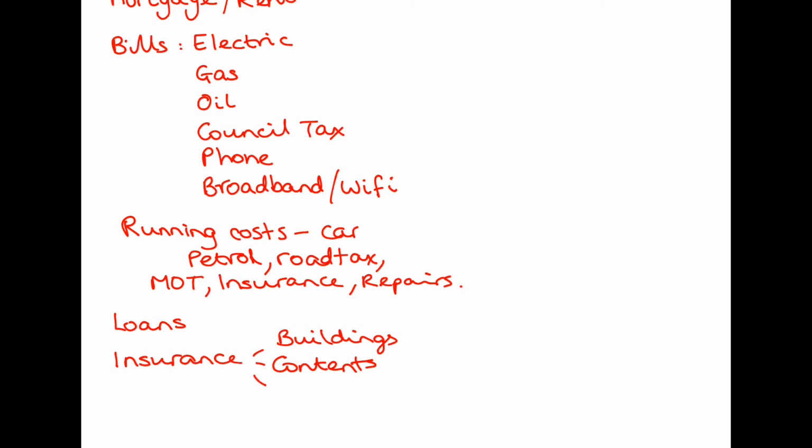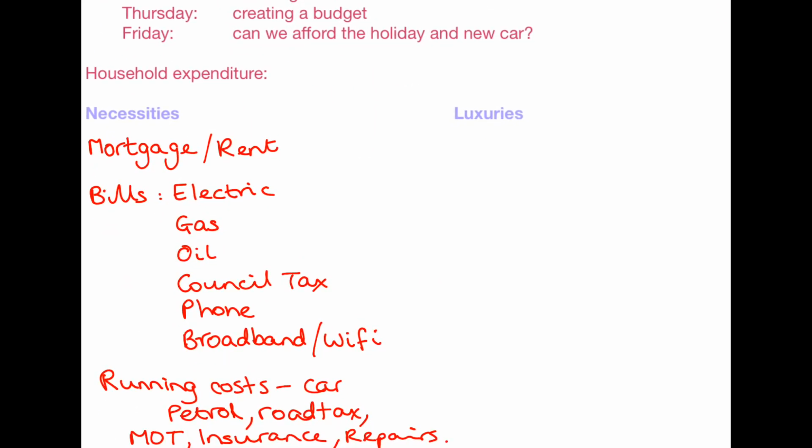Some people have life insurance, or critical illness insurance, which would pay out if you got a serious illness or if you died. So there's all those different kinds of insurance as well. And like the broadband and Wi-Fi, if you have these things, they are a necessity because you do have to pay for them. So let's look at the luxuries.